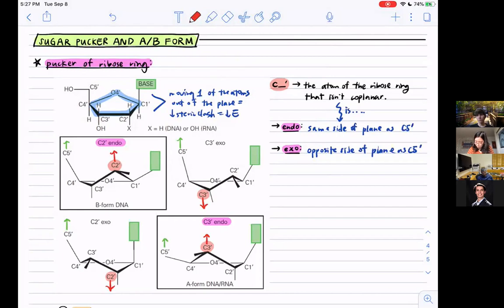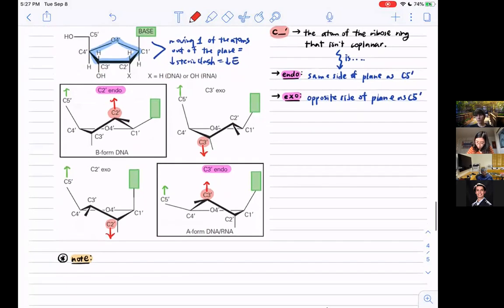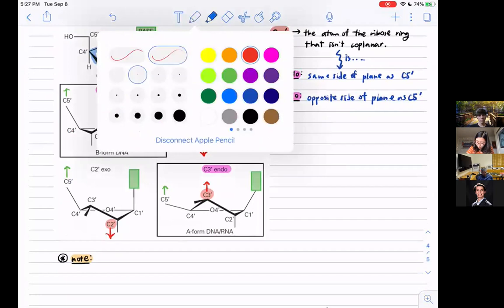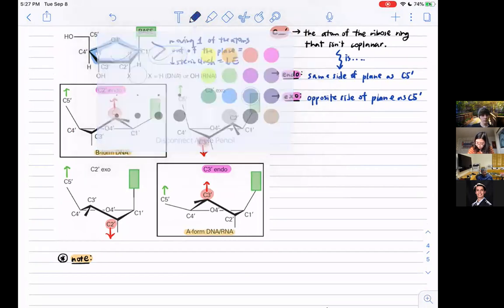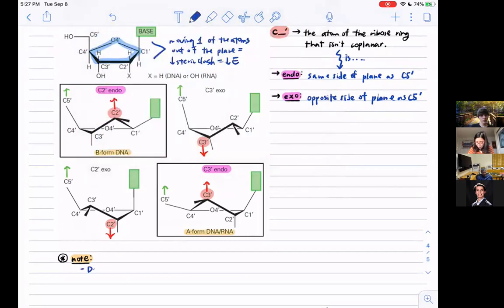And so as you can probably already tell from the labels on the diagram, DNA can be A form or B form, whereas RNA can only be A form.